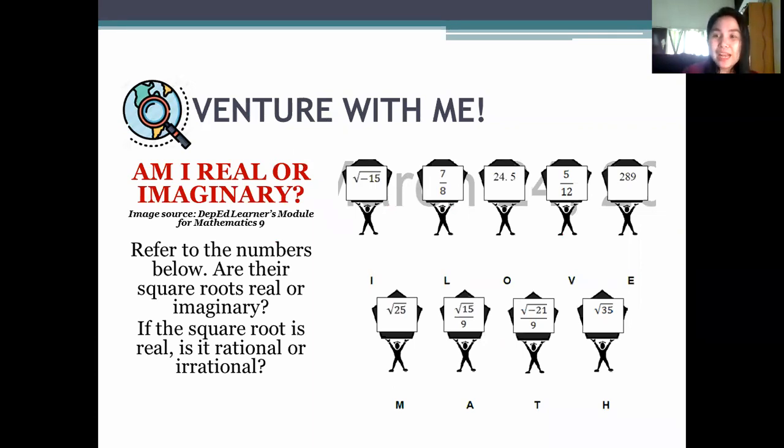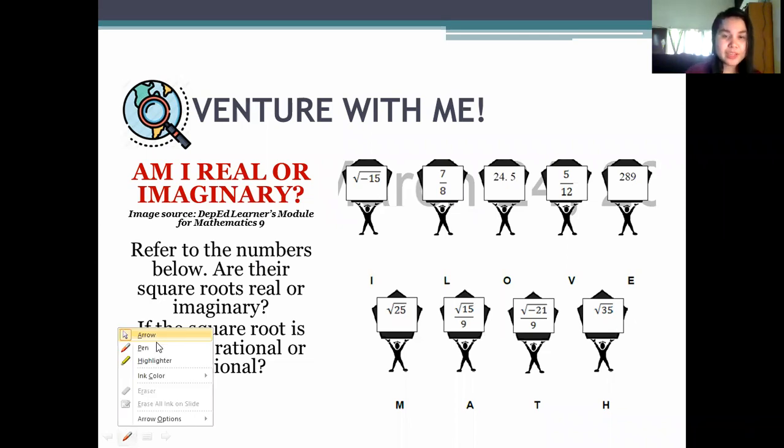What will we do? Let's identify if the square root is real or imaginary. And if it's imaginary, remember the i. And if it's real, we need to identify if the root is rational or irrational. Ready?